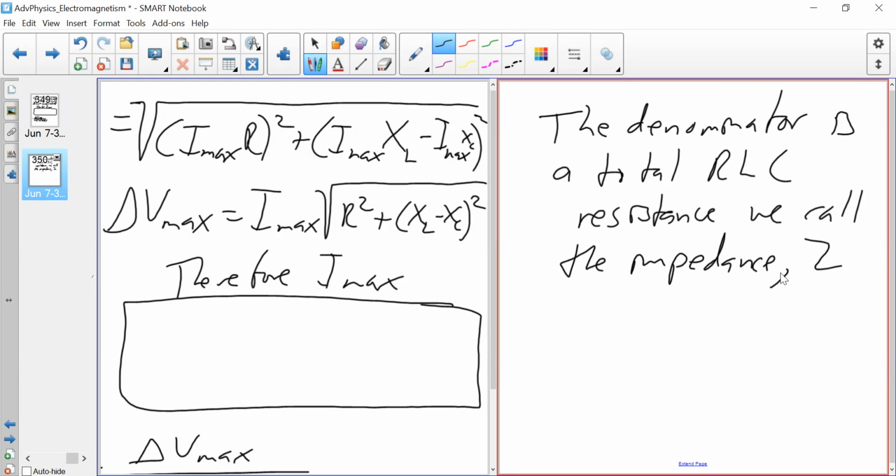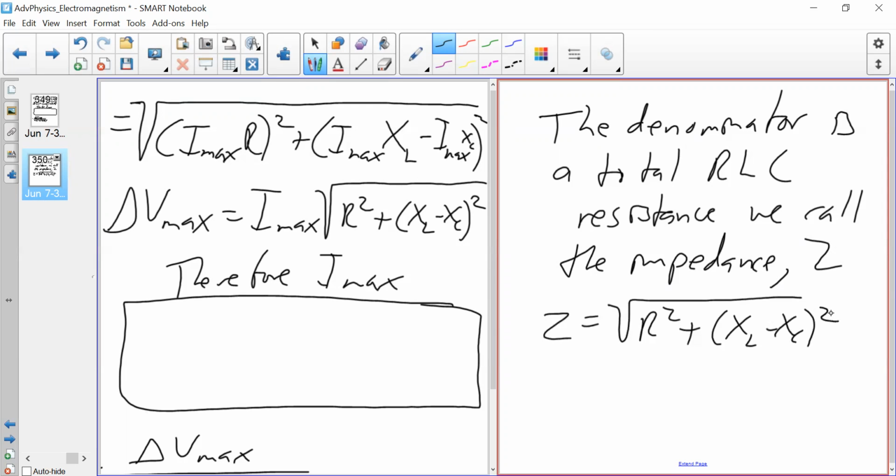So the overall resistance in an RLC circuit is called the impedance Z. Okay, the impedance Z is given by the square root of R squared plus XL minus XC squared.